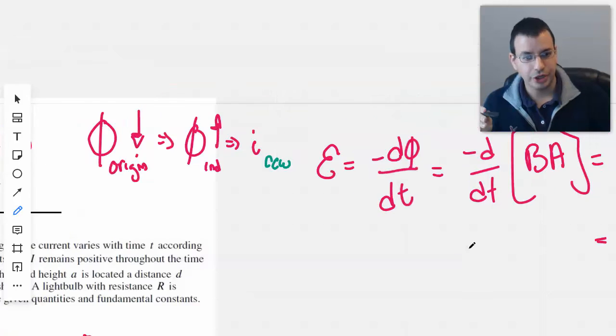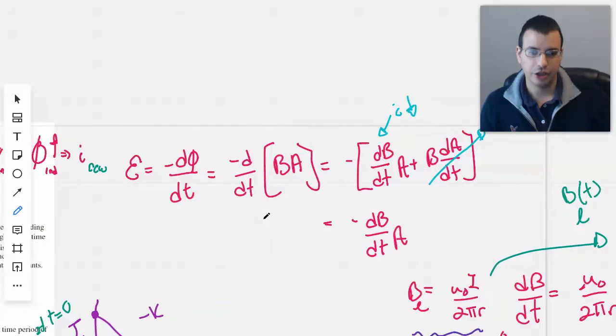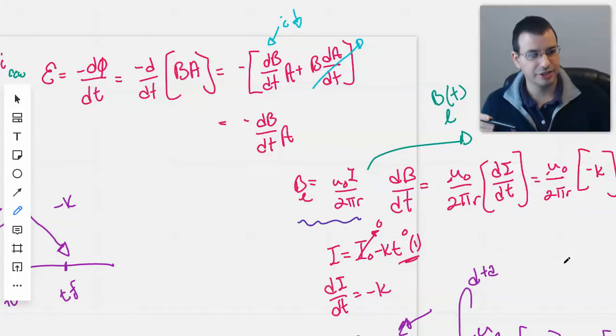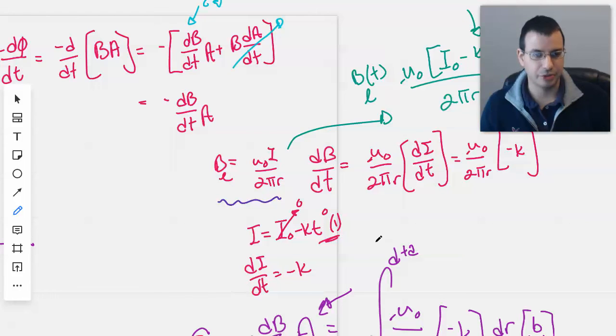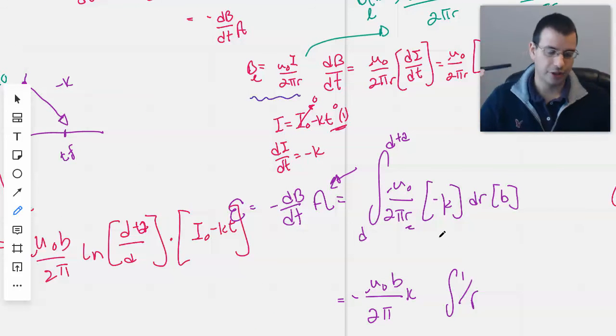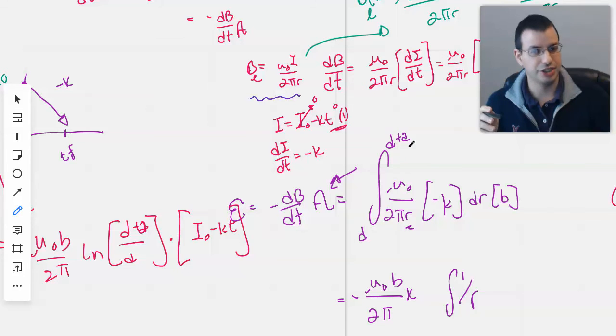Okay, so here, and then when you use Lenz's law, negative d flux dt, you're going to take a bunch of derivatives, plug in some values, probably take some more derivatives. In this case, we actually did an integral because the magnetic field was not constant throughout the square. It was not uniform. So we had to integrate from the bottom of the rectangle to the top, which in this case was from distance d from the wire to d plus a.